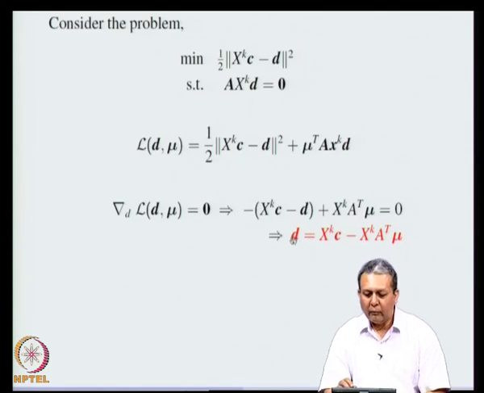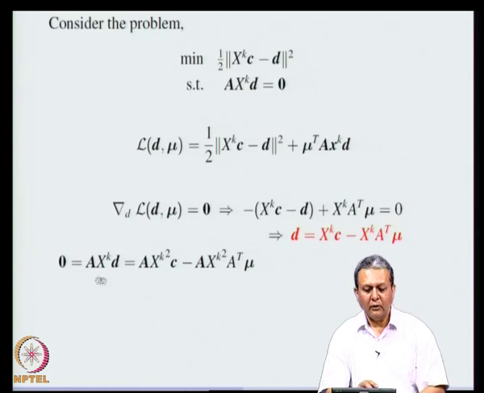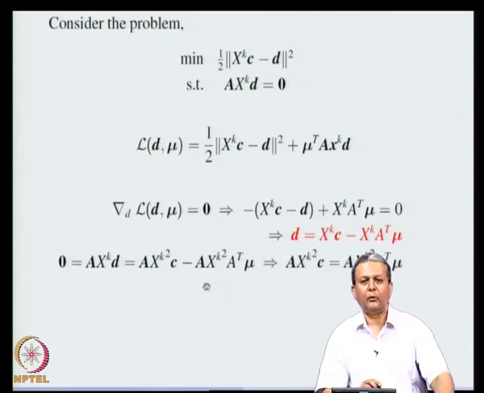Now, if we multiply this equation throughout by axk, then the left side becomes 0, and we will get mu in terms of a, xk and c. So, multiplying throughout by axk, what we get is axk square c minus axk square a transpose mu equal to 0, and this equation can be used to find mu.